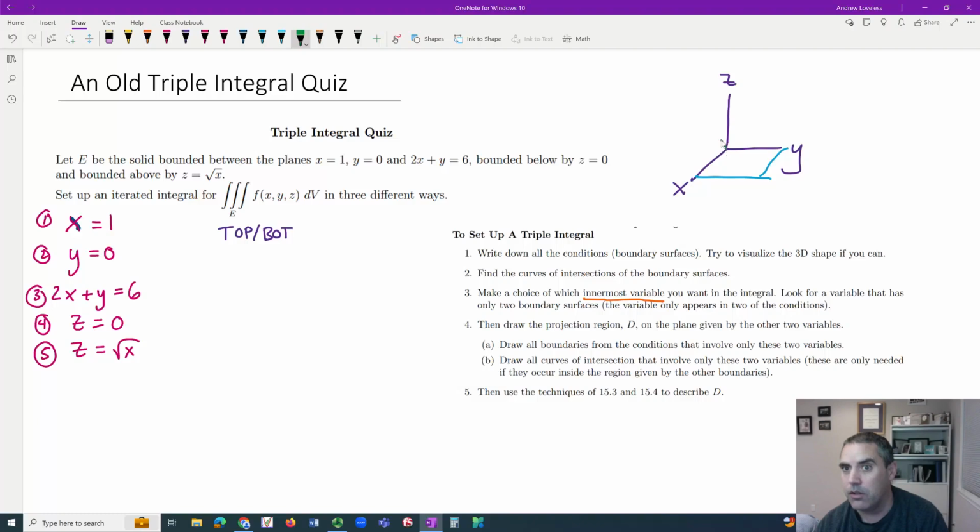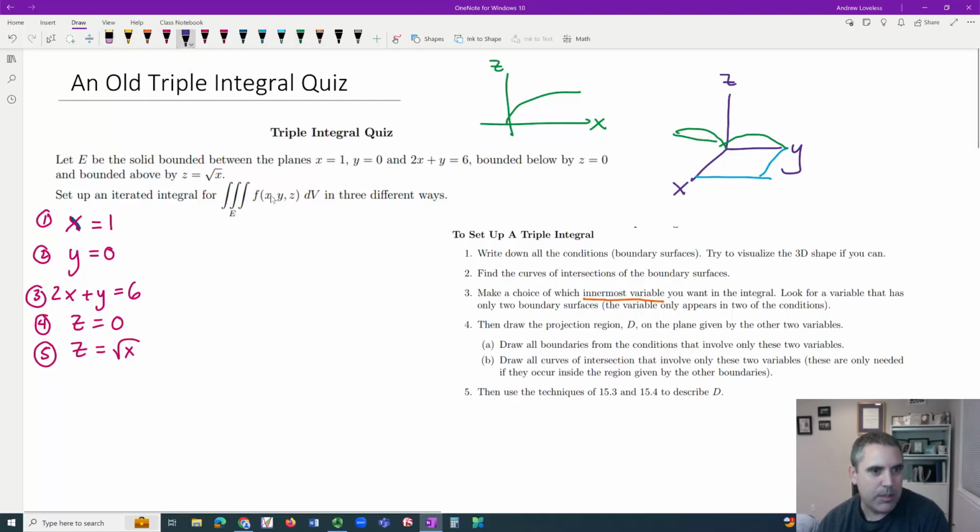We call it a cylinder, for those of you that took Math 126 with me. If you don't know what the square root looks like, it looks like this, but it's in the xz plane, and then it just extends out. So I can see already that that's going to be a successful approach. What I mean by that is I already see that this is something I can do to describe the solid.